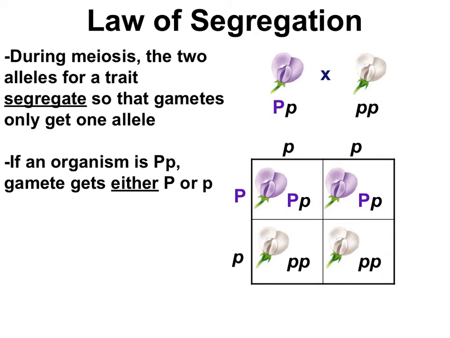In other words, the gametes of these plants can only have one P allele. The gametes of the purple plant will have either the big P or the little p. The gametes of this white plant will have all little p, but only one little p per gamete.